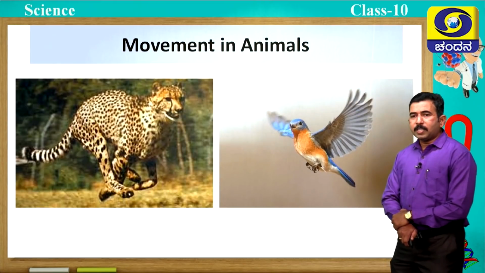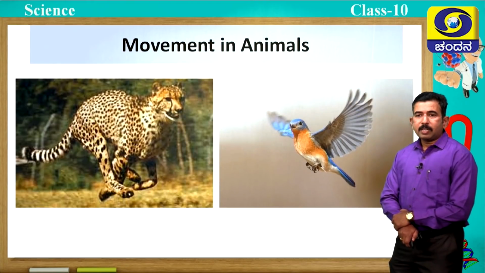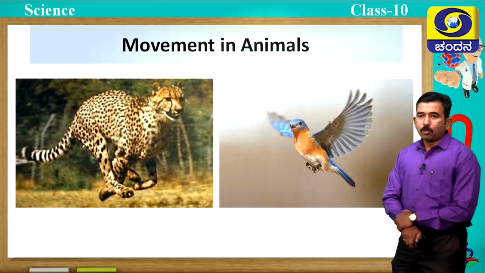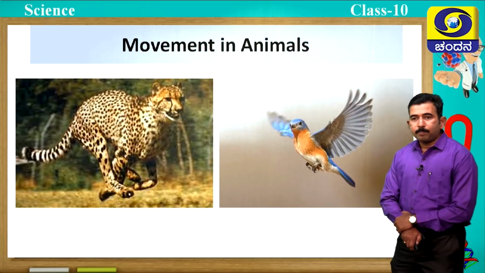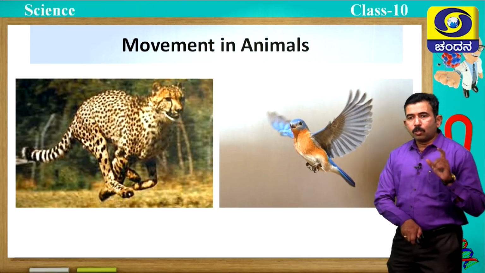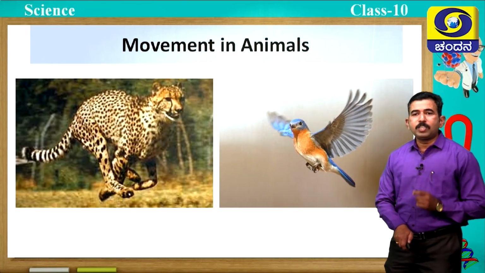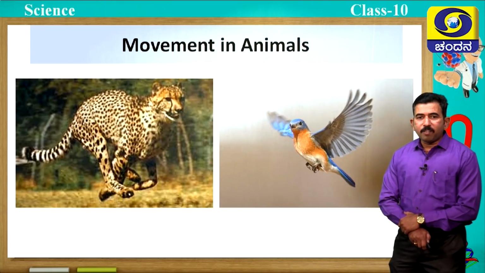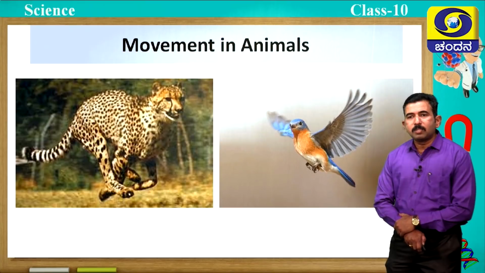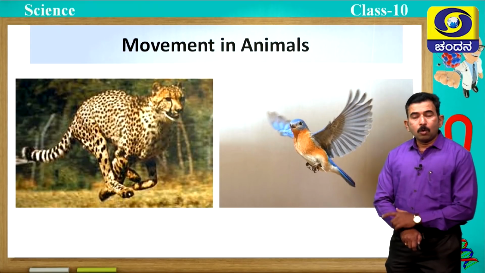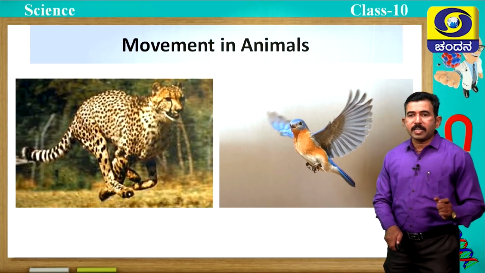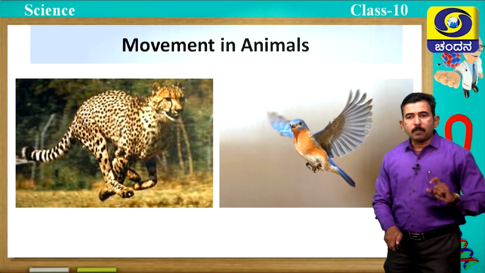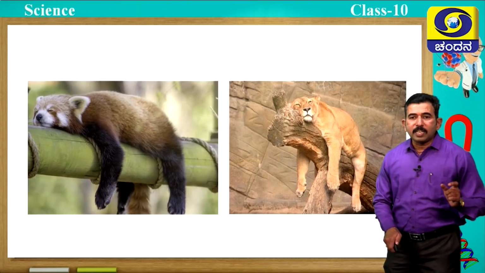In the second picture, cheetah running, you can observe, and also birds flying in the sky. So these movements are very clear, which is visible to your eyes. Some organisms move very fast, whereas some organisms move very slowly. So movement is one of the important criteria to differentiate between the living and non-living things.